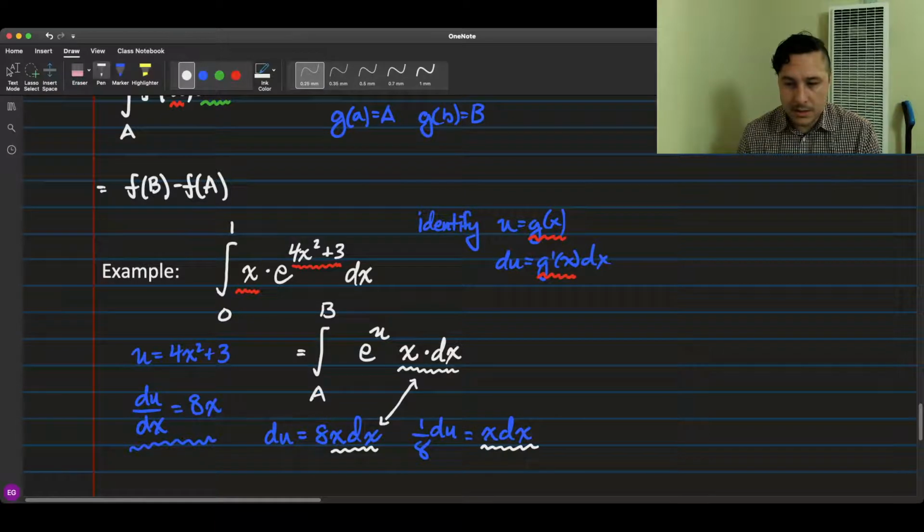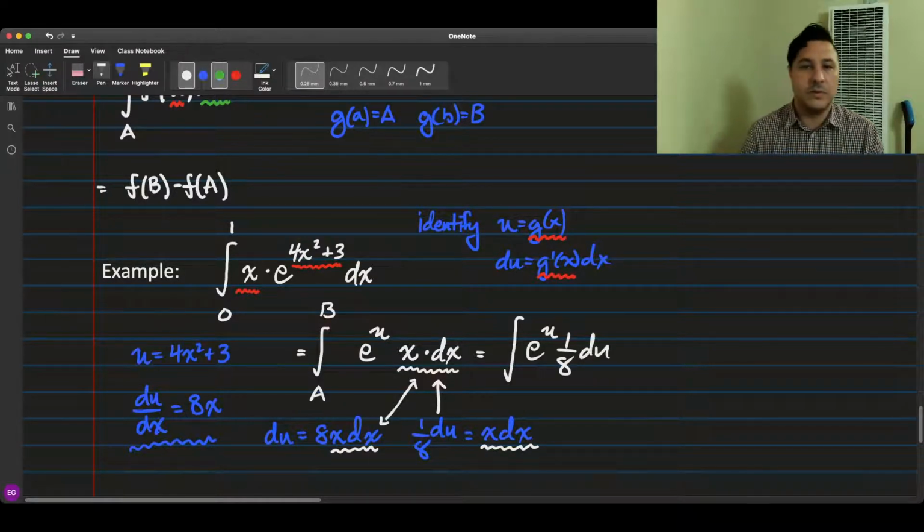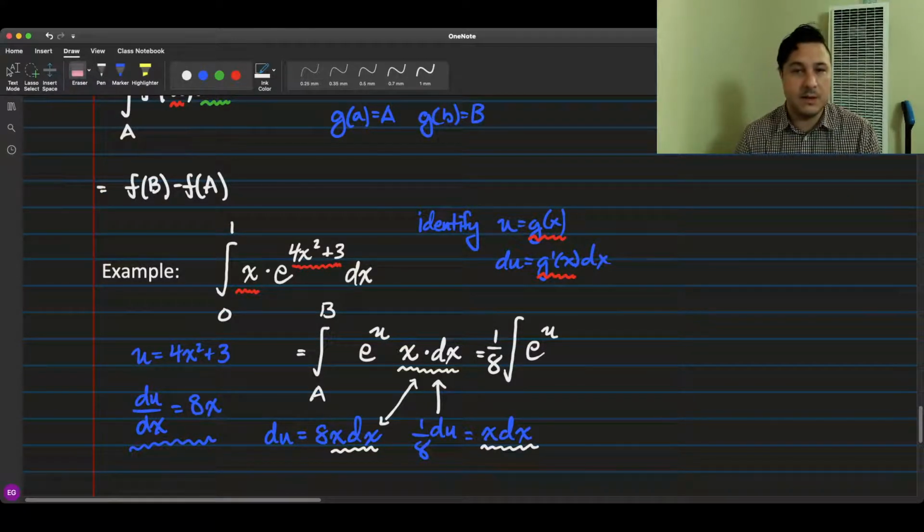These now match, so I can now replace that whole thing with 1/8 du. So this becomes the integral of e to the u times 1/8 du, and let's actually just move the 1/8 right now outside of the integral using the constant multiple rule. So let's erase this 1/8, just have du there.